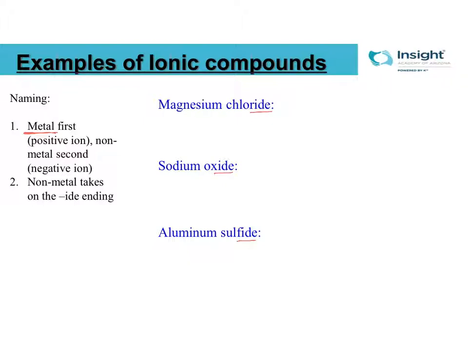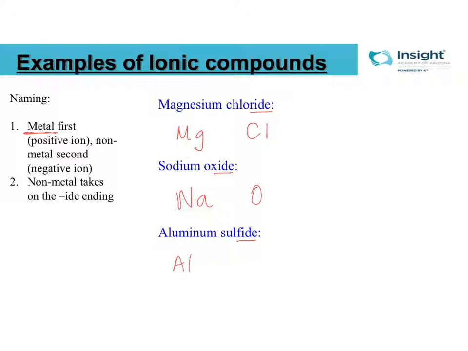If you're reading these and trying to figure out what element is in here, you have to pay attention to the beginning of the word. Chloride means chlorine, and we know what magnesium is. The next one is sodium, which we know is Na, and oxide sounds like oxygen.